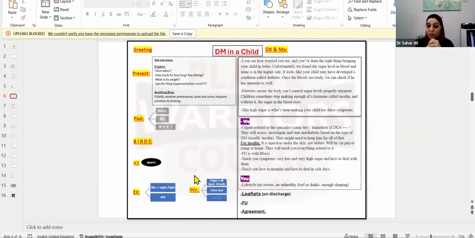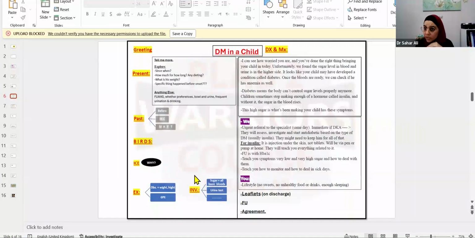Well, doctor, is he going to take medications? Yes, he's going to take medications, but after the assessment of the specialist. What kind of medication, doctor? Is it a tablet or something to drink?